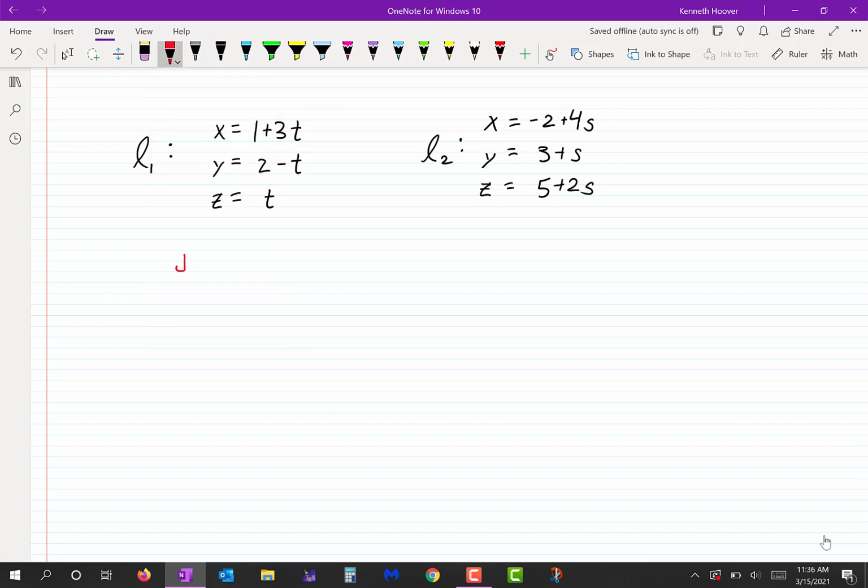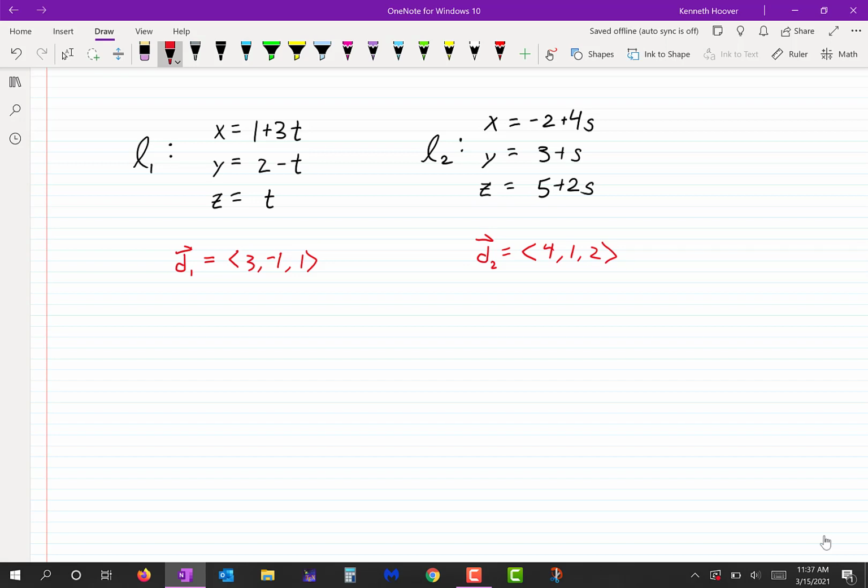Let's call that vector D1. Do you see what it would be? It would be 3, -1, 1, because it's made up of the coefficients of the t's. Line 2 has this direction vector, 4, 1, 2.